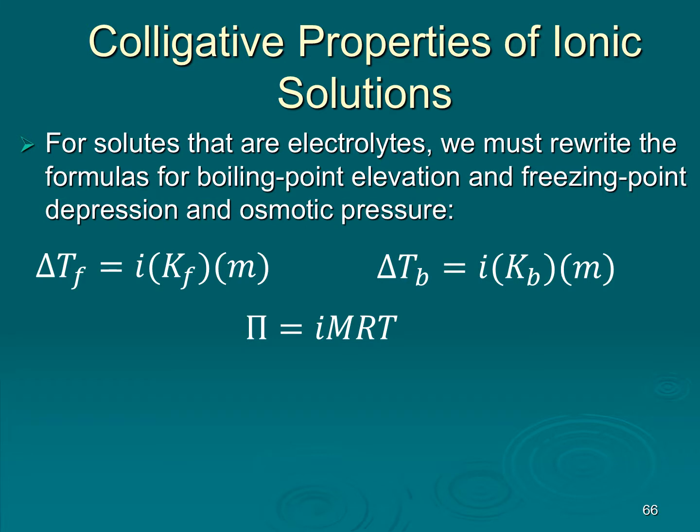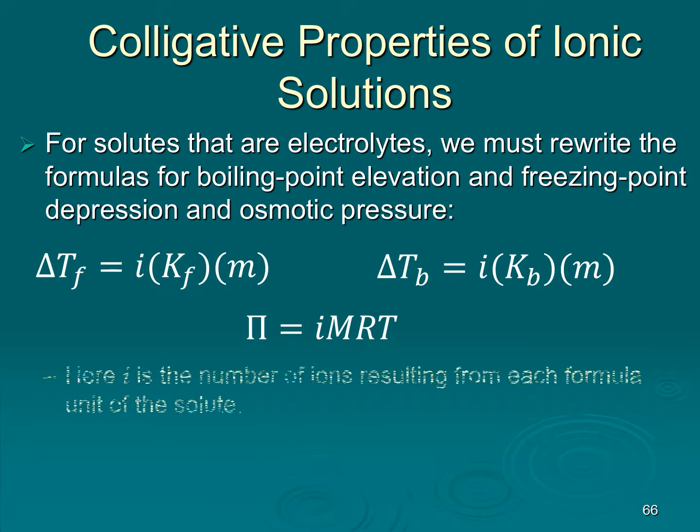Our delta TF will be little i times KF times little m, molality. Delta TB will be little i times KB times m. And then pi will equal i times MRT. So we're just multiplying by however many particles that ionic compound breaks apart into, and then we're good.